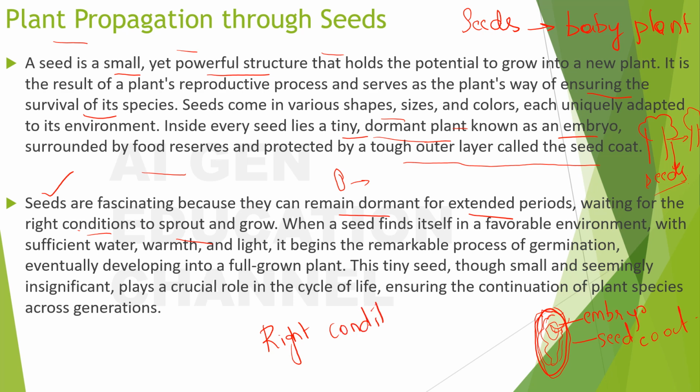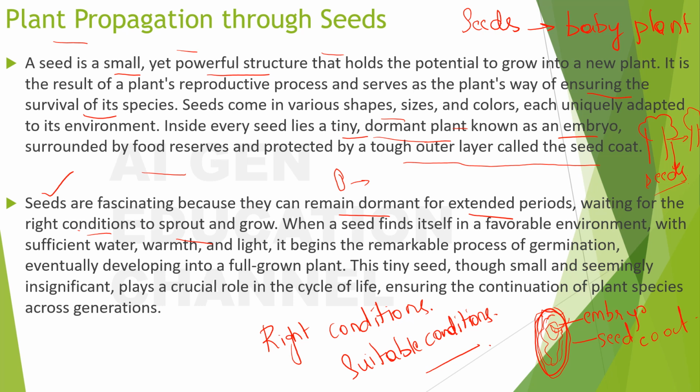Only then can the seeds grow into a plant. The seeds have to sprout and then grow, and for this you need the right, suitable or optimal conditions. For every seed the right conditions would be different. For one seed one type of environment is suitable, and for another seed another type. So it all depends upon the seed.